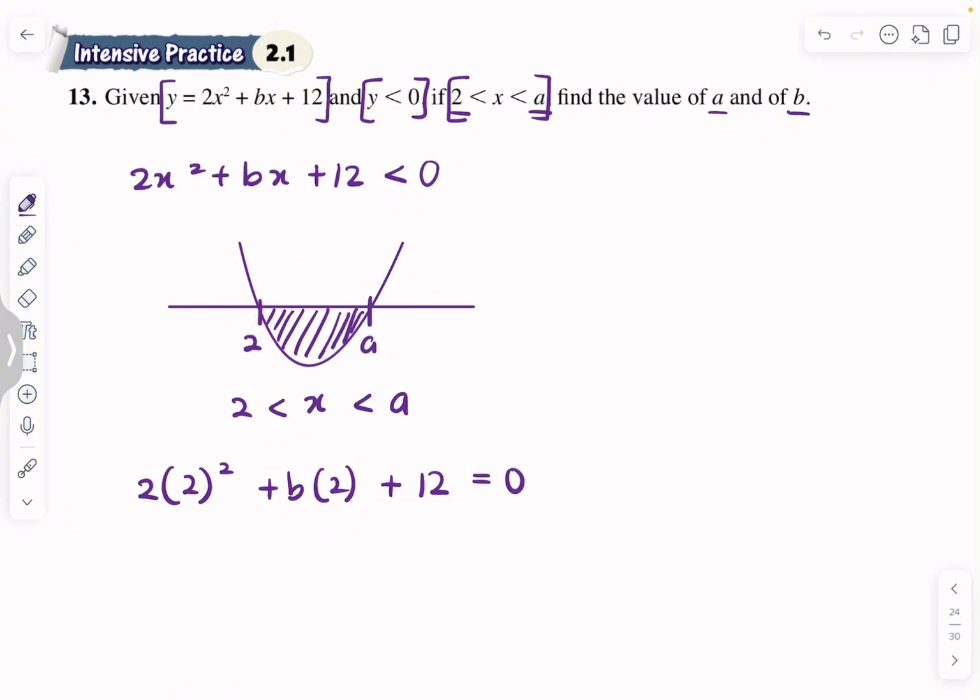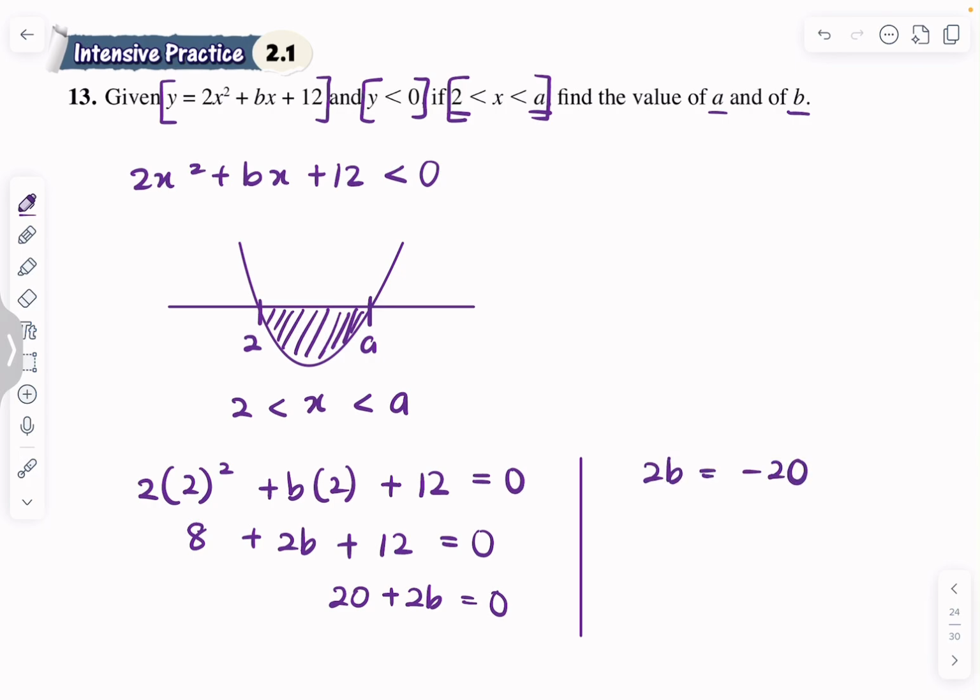So 2 times 2 squared is 8, plus 2b, plus 12 is 0. Therefore 20 plus 2b is 0. So let's make b the subject. So 2b is negative 20. Therefore b is negative 10. So we have b equals negative 10. Done. Now let's try to find a.